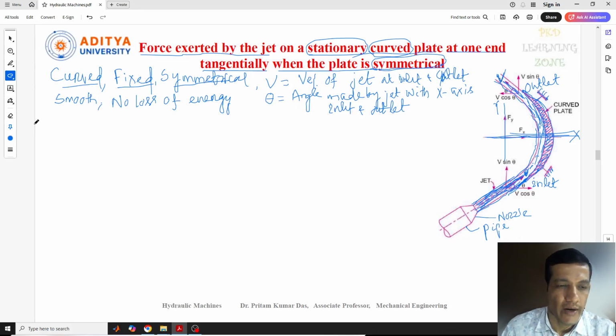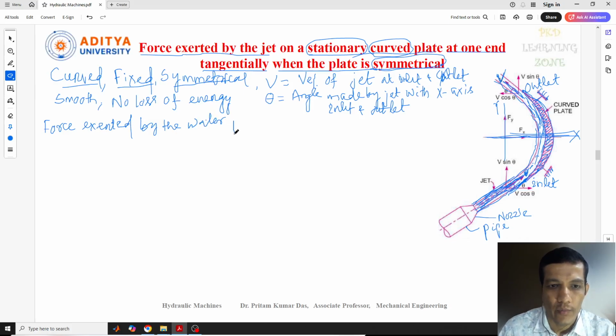Now here, as I told you, we need to find out the force exerted by the water jet in the x direction, as well as for the y direction.